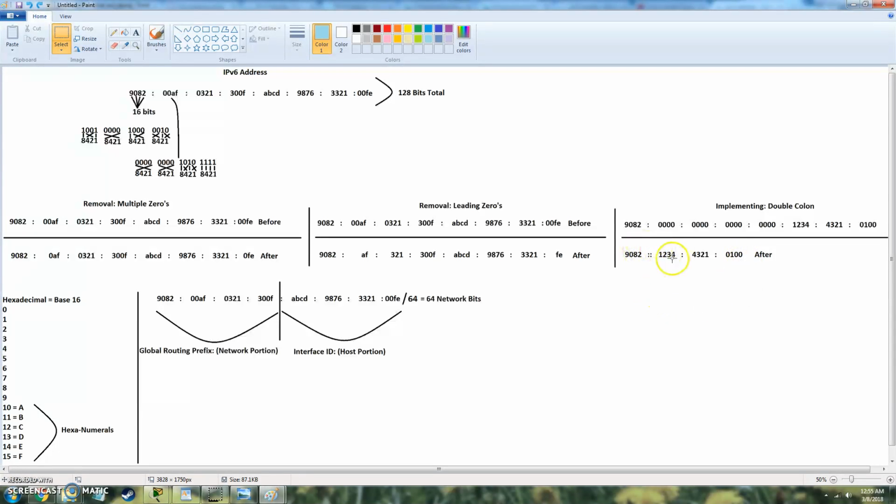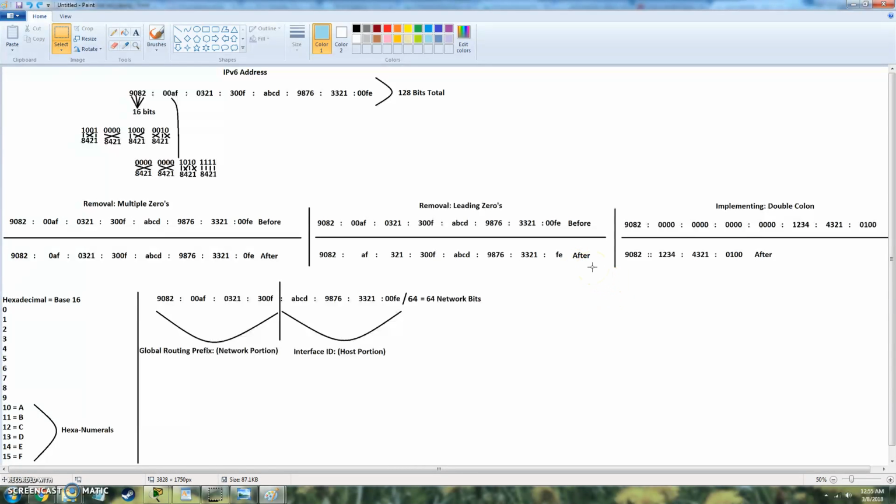Now, being that there are 4 octets that are readable, you can see that the double colon between the 9082 and the 1234 must represent 4 octets of zeros between the 9082 and the 1234 octet.